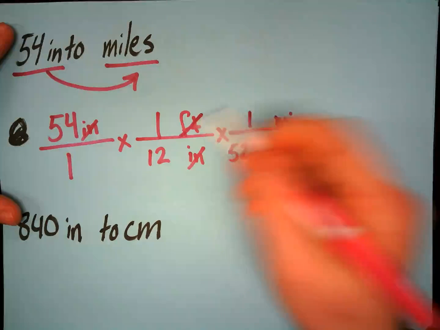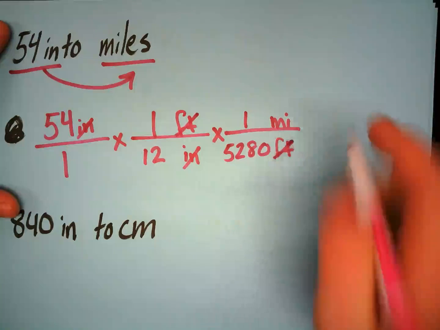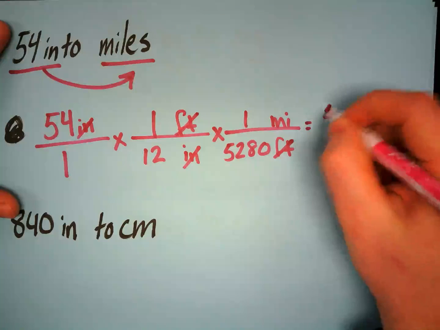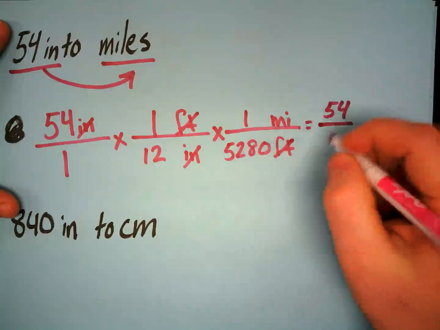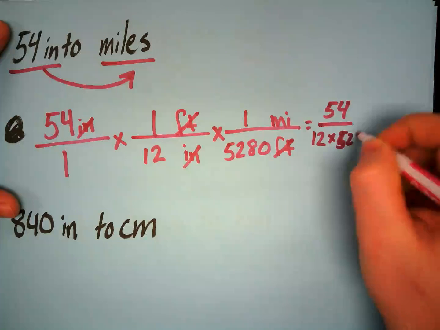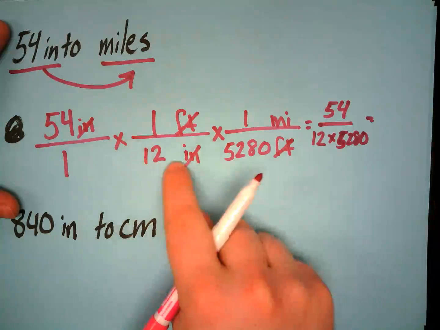So the feet would cross out, and we would be left with just miles for our units. 54 times 1 times 1 is going to be on top, and 1 times 12 times 5,280 on the bottom.